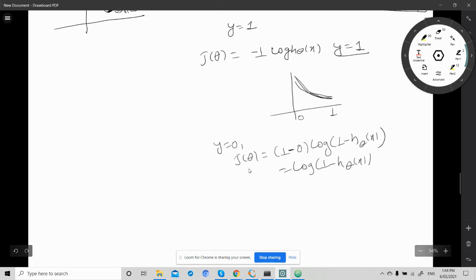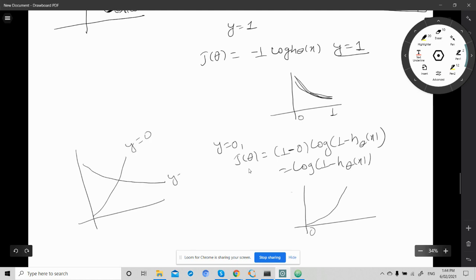So if we plot this, we will get something like this. If we combine both 0 and 1, we will get our output something like this. This line is for y equals 0, this is for y equals 1, and this will be our global minima.